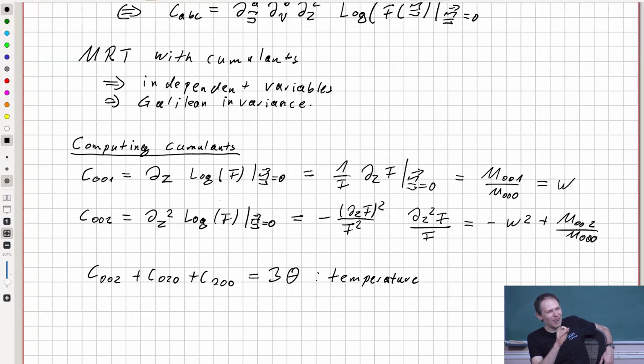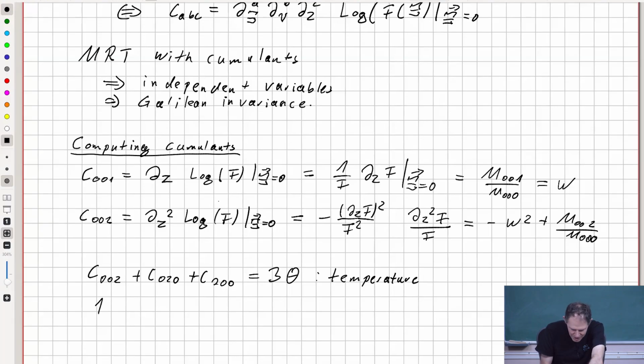But all the time, we knew what it is. And now I tell you, the most compact way of saying what temperature is, it is the trace of the second order cumulants. So we come with this very abstract mathematical concept, and what pops out is things that apparently we have known for ages. The first cumulant is the velocity, the next cumulant is the temperature. Very interesting.